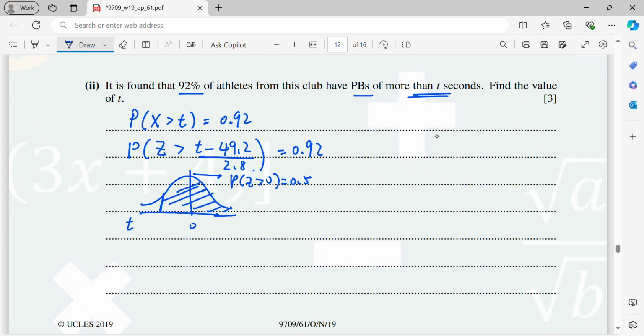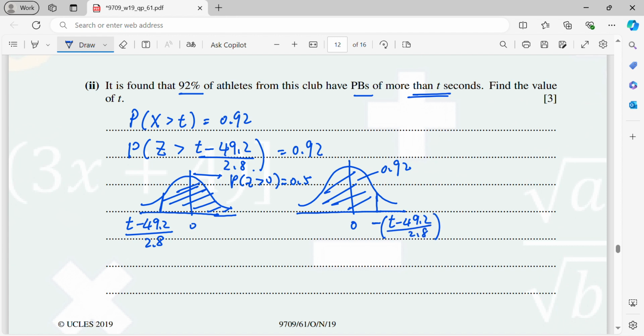So this is my (t - 49.2)/2.8. I need to flip to the other side so that it is a positive value, because the line is on the left side. Once you flip, the region is flipped. This is 0.92, and we multiply by a negative to make it a positive value for the critical line.